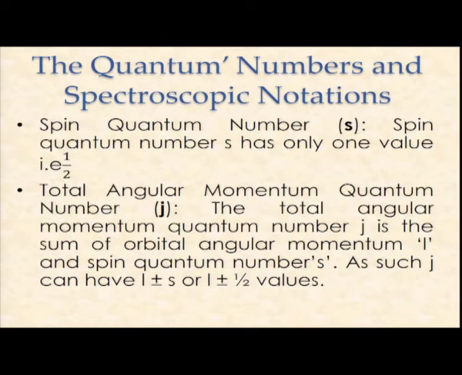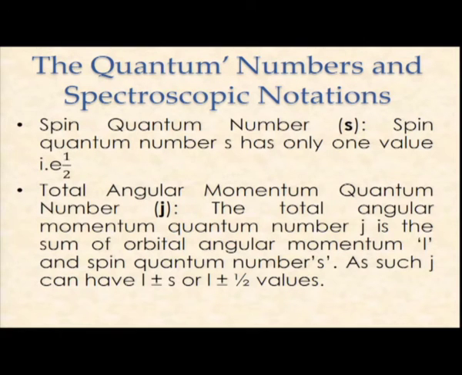Then the spin quantum number. The spin quantum number has only one value, that is half. Based on the rotation of the spin, that is up spin or down spin, this half value can be taken as minus half or plus half. The next quantum number is the total angular momentum quantum number, j.